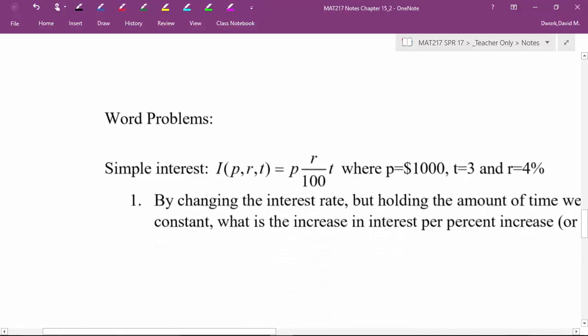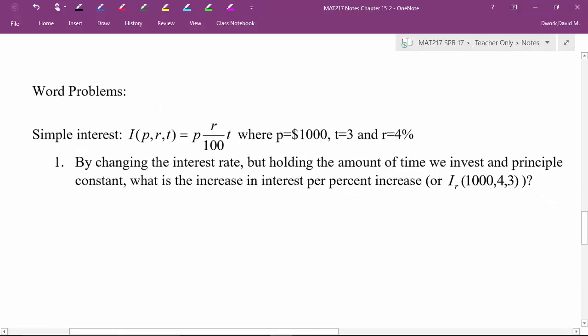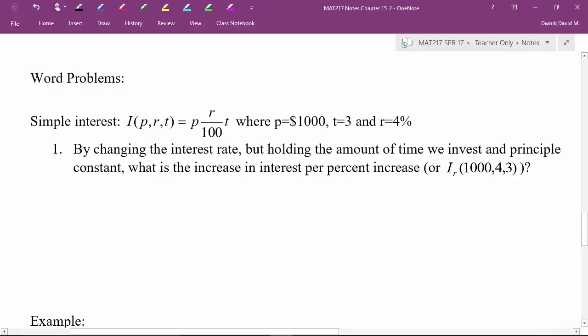Now, on to what makes everybody super duper happy, word problems. All right, now I just purposely chose simple interest. Interest equals PRT is what you may be used to. The way that this is written is dividing by 100, so that your interest rate is written as a percentage.